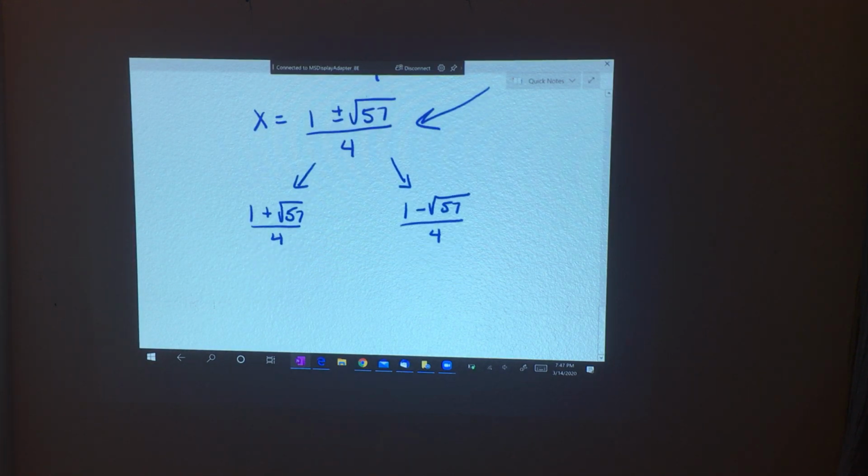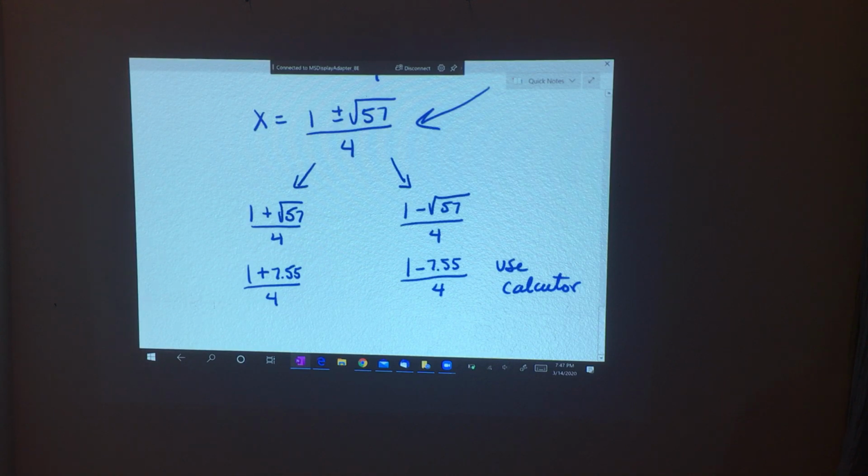Now I'm going to work it out. If you use your calculator, you'll find that the square root of 57 is actually, whoops, yeah, that's a plus, 7.55 over 4, and this would be minus. So I use my calculator here to get the book answer.